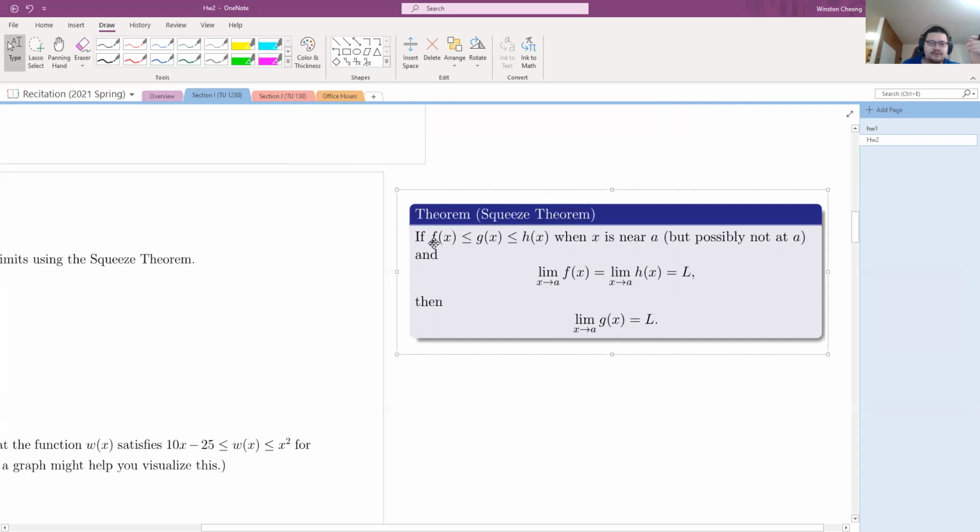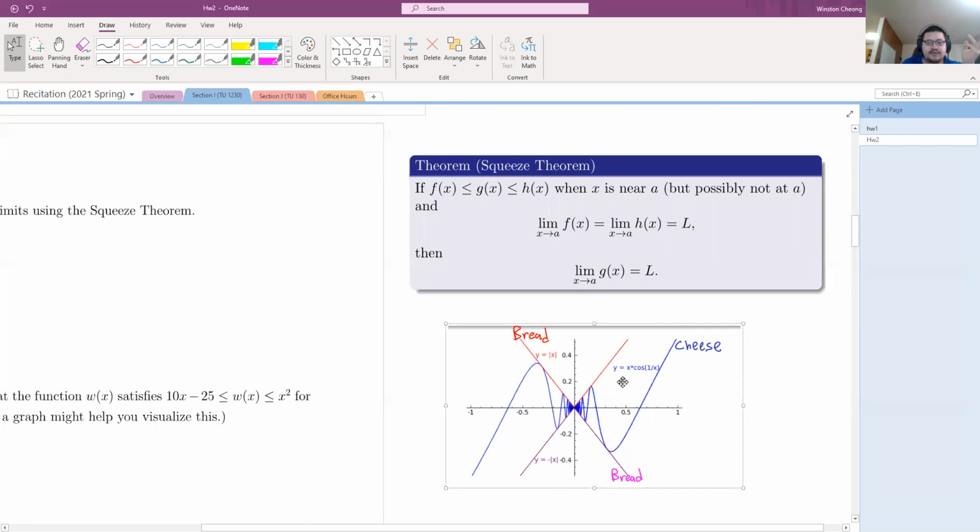The hope is that f and h are simple enough that we can figure out their limits. g is some complicated thing, f and h are simpler things that we can actually take the limits of. And if we know that their limits actually coincide, if they hit the same value, okay, and here's a little picture to illustrate. It's also in the slides. It would be nice to assume that you have looked at the slides beforehand, but I'll try not to assume that.